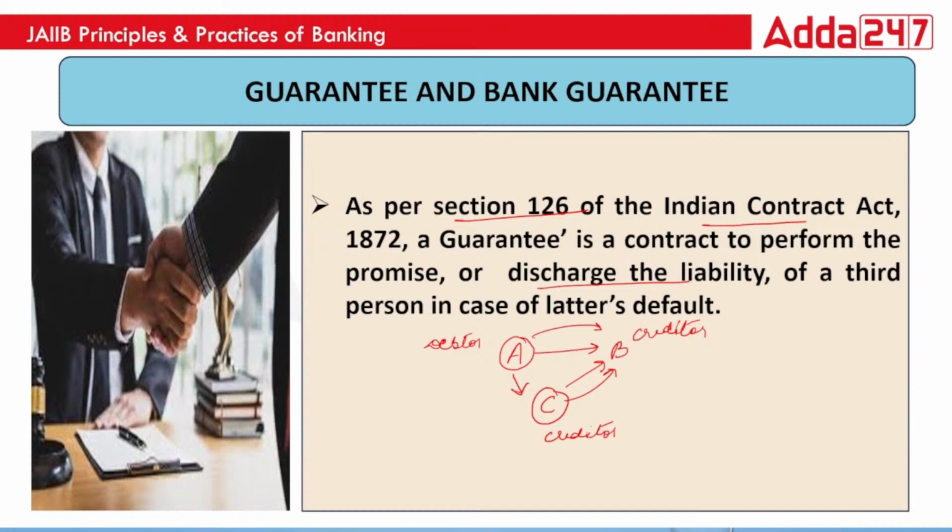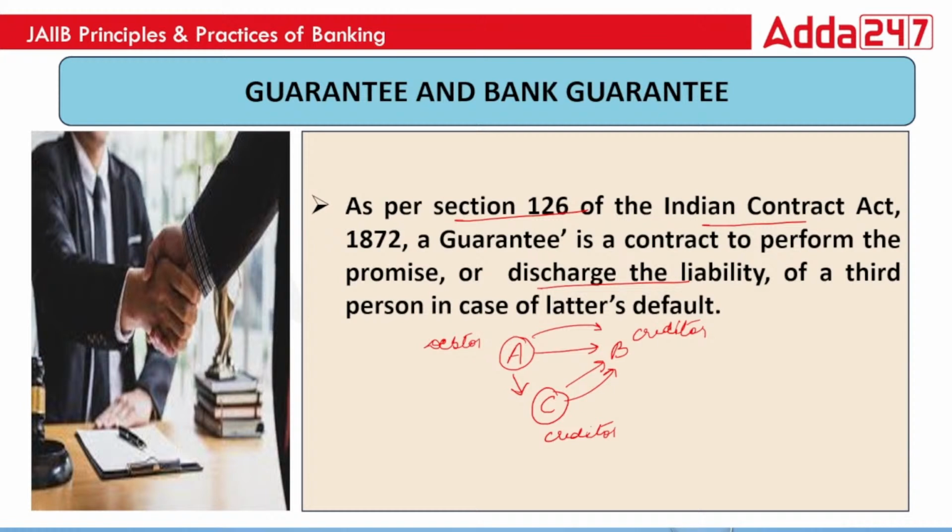It is a contract to perform the promise or discharge the liability of a third person in case of the latter's default. Here A is defaulting and the liability was to make payment to B, and C came into the picture and performed the promise. He kept up the promise which A had made, and C made the payment, but now the role gets reversed.